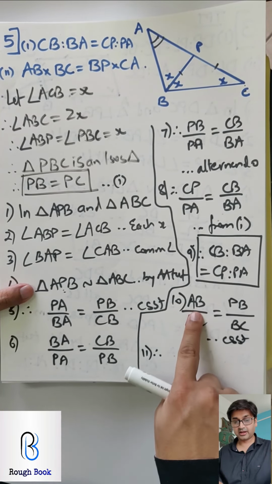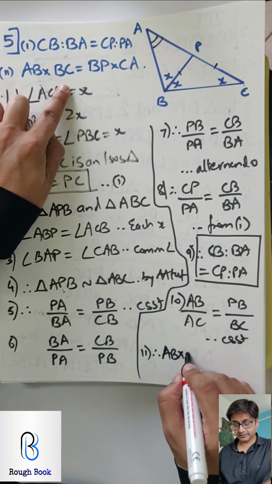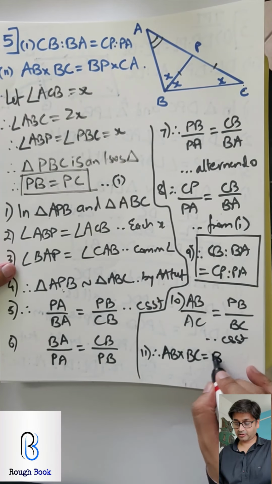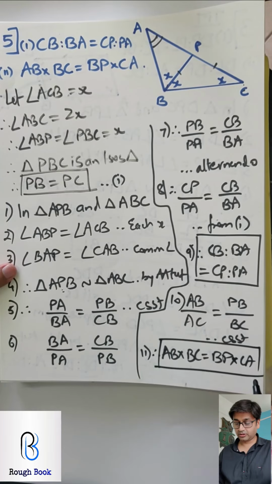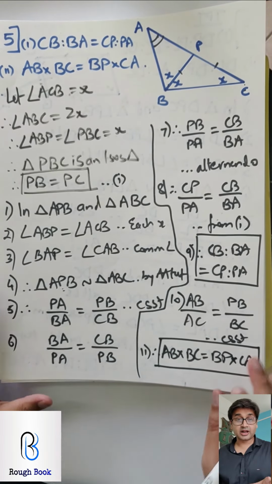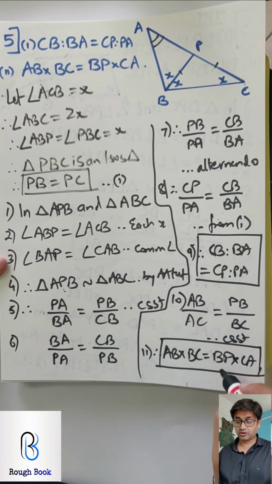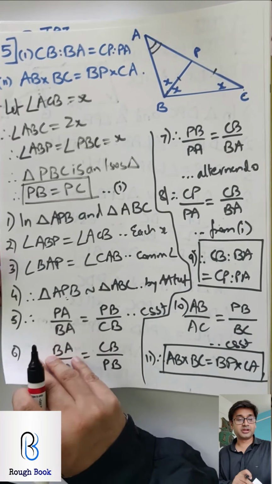Let's cross multiply AB into BC. So I got at least one part. PB into AC, I got the second part, or BP into CA, one and the same. So we got our second part also, that was expected from the same two triangles. So these two triangles were very important for us in order to bring out the two parts. So we got both the parts. I hope you managed to get this sum. Yeah. Let's go with the next one.